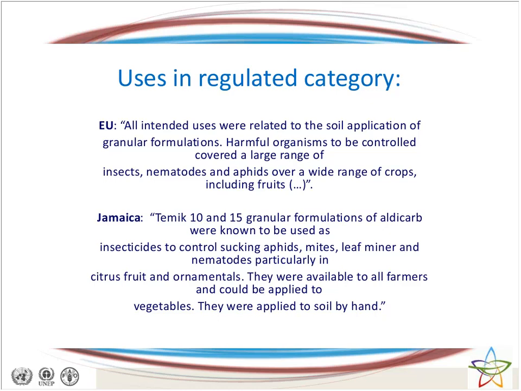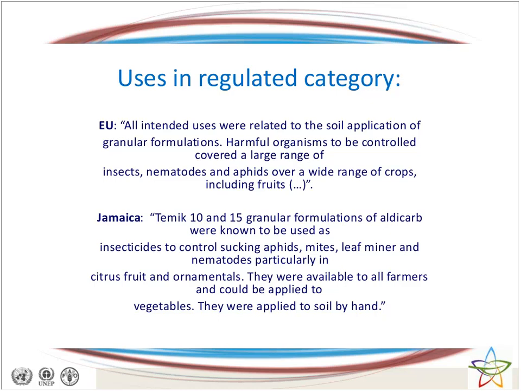All intended uses were related to the soil application of granular formulation. Harmful organisms to be controlled covered a large range of insects, nematodes, and aphids, and over a wide range of crops, including fruits. And Jamaica said TMIC 10 and 15 granular formulations of aldicarb were known to be used as insecticides to control sucking aphids, mites, leaf miners, and nematodes, particularly in citrus fruit and ornamentals.